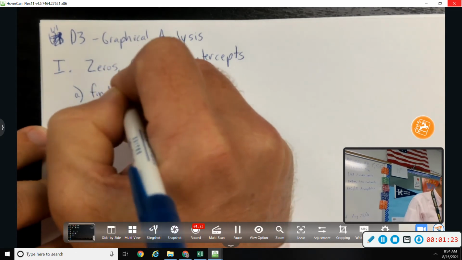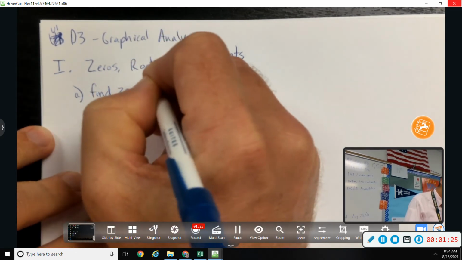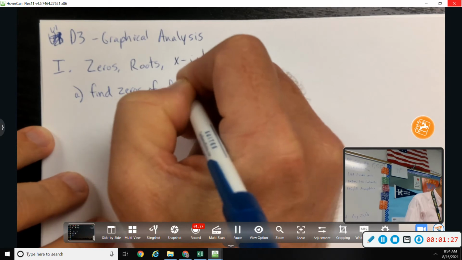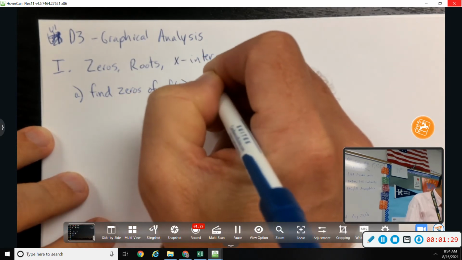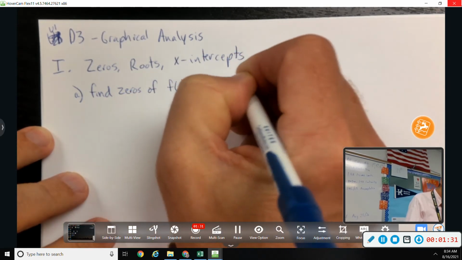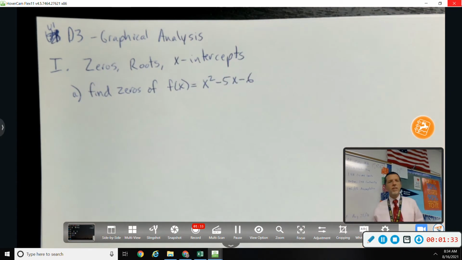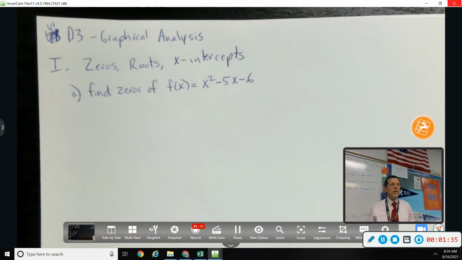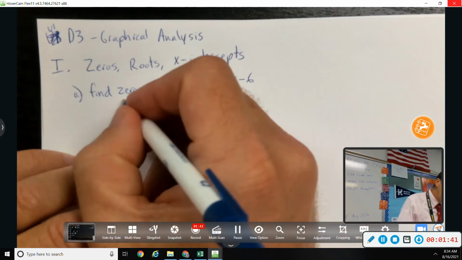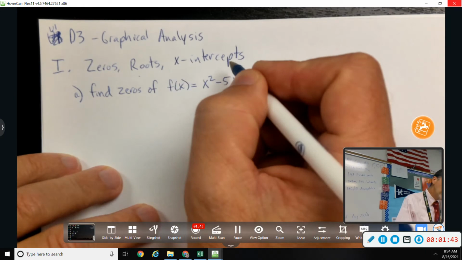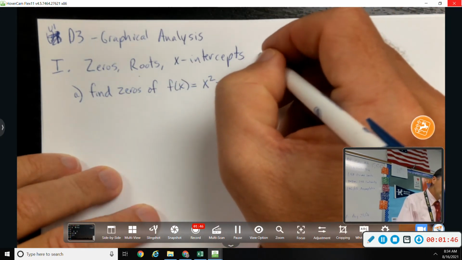So let's find the zeros of f of x equals x squared minus 5x minus 6. Complete the square if you want to. I'm going to pass on that. So to find the zeros or the roots or the x-intercepts, they're all the same thing.